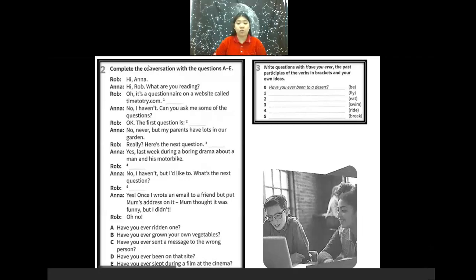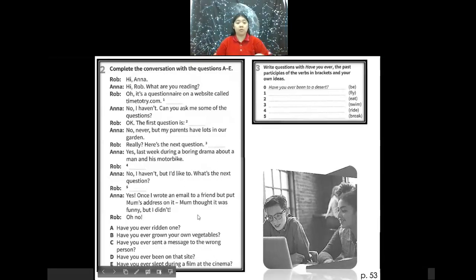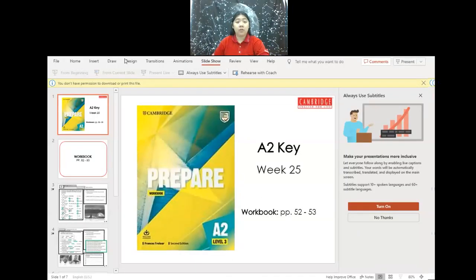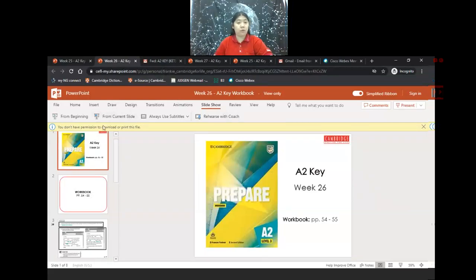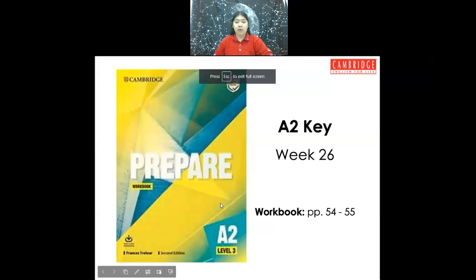I need to share it with you before we look at it. The other one, pages 54 and 55, contains one listening part, so I need to go through that one with you. If you're using the email materials, pages 54 to 55 are from week 26. Here it looks like this.